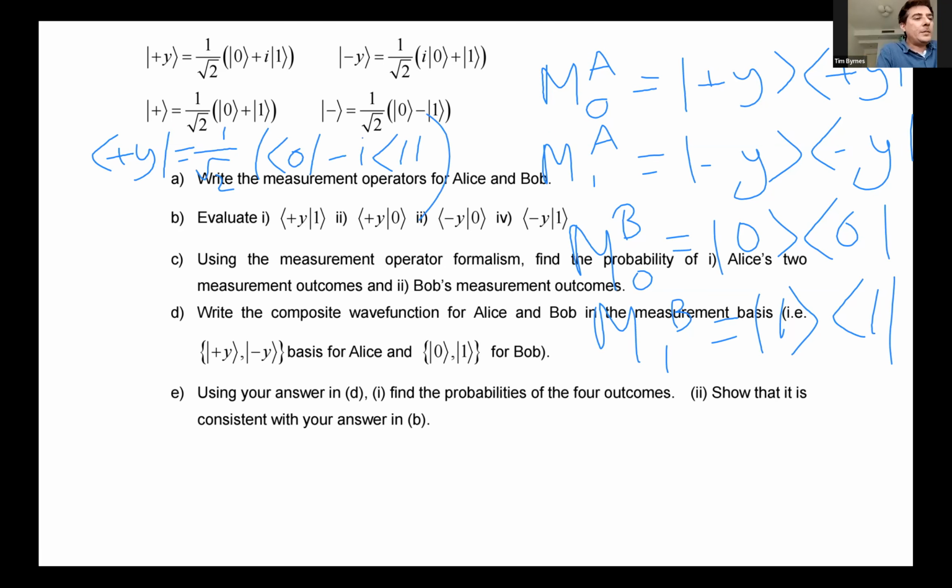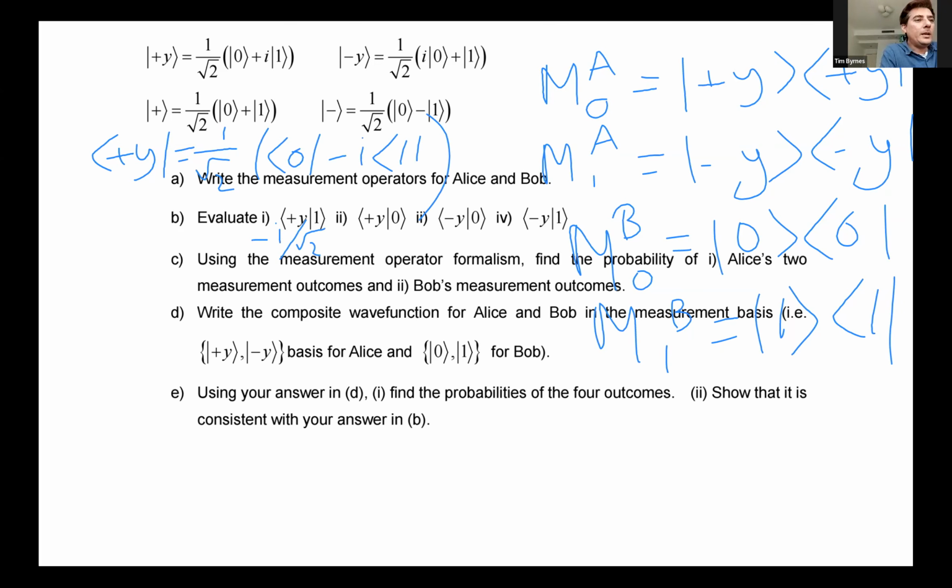But so long as you're aware of that, then for example, this first one, you can just look at this version of the state that we've written here, and this one would be minus i over root 2.